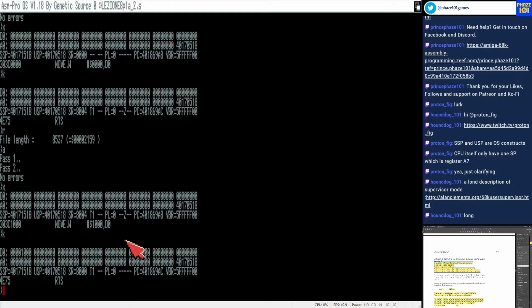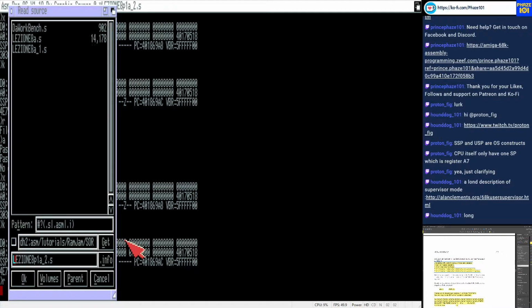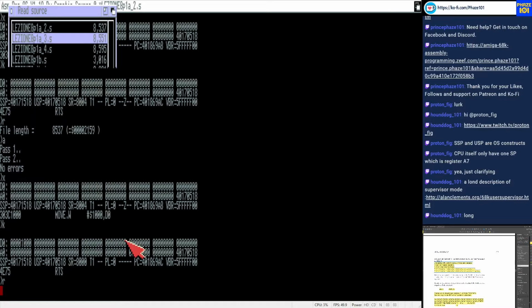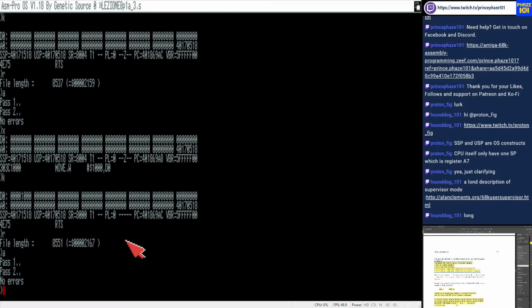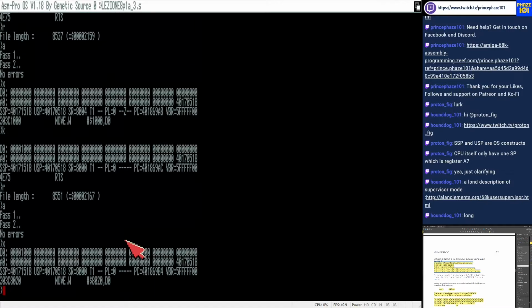Now, if we read the next example for the same one, we're going to do a move.word, 8020 into D0. Give me a second now, because I need my notes.